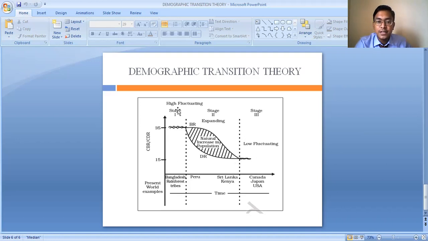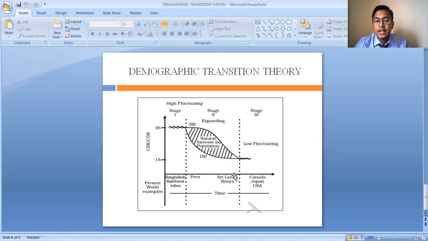In the first stage, countries like Bangladesh and some of the tribal countries of Africa are there. In the second stage, some countries are in the first half and some in the second half. Peru is in the first half of the second stage of demographic transition.